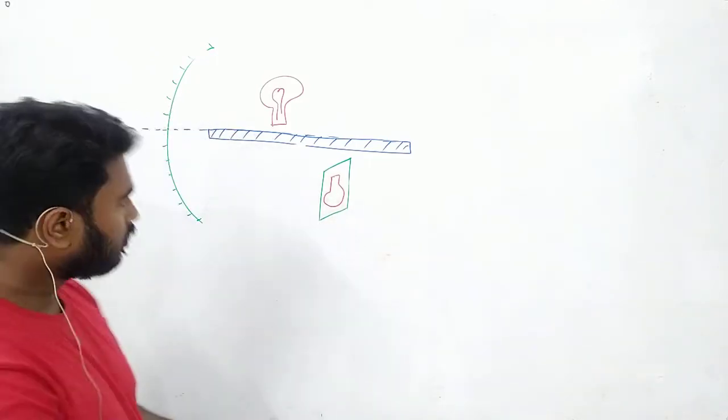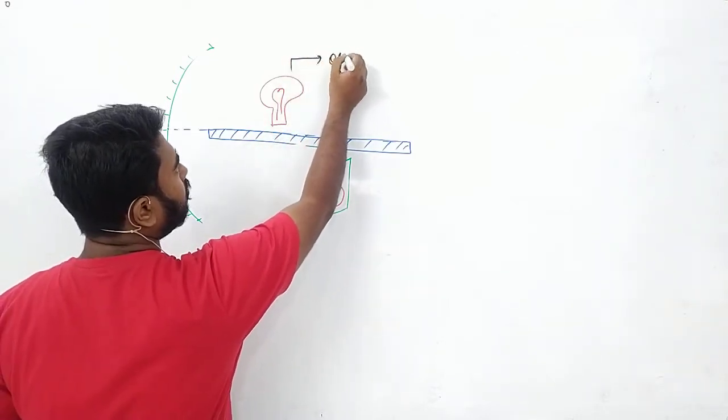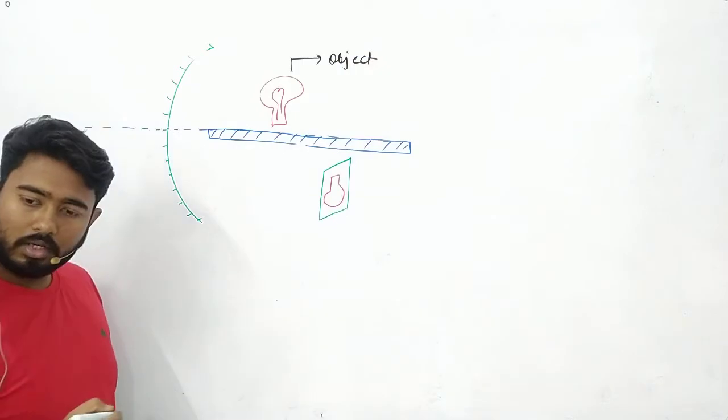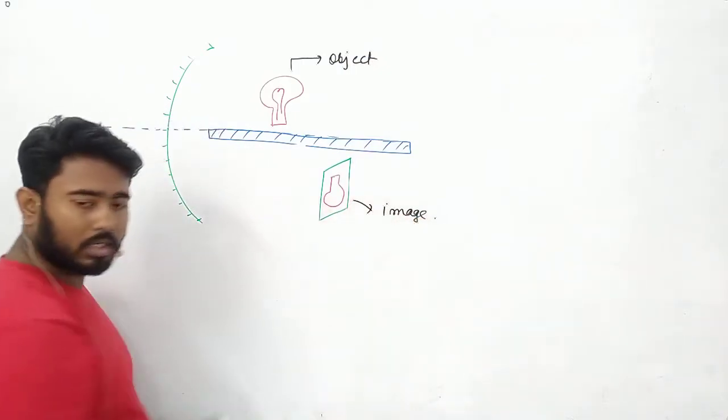Okay. Now we will call this one the object, right? We will call this one the image. Is that clear?